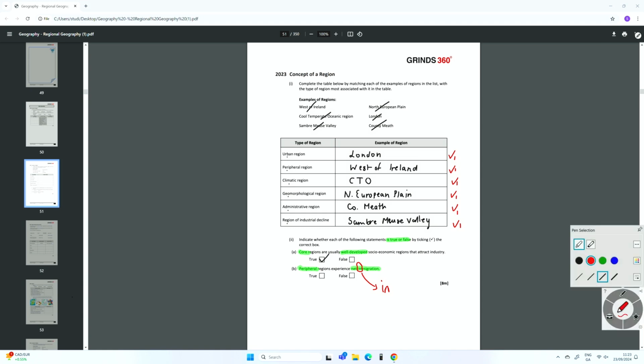Remember, if it's E, it's exiting, I is in. So in peripheral regions like the Mediterranean and the Western region, are you seeing more people enter these regions than go out? That statement is false.